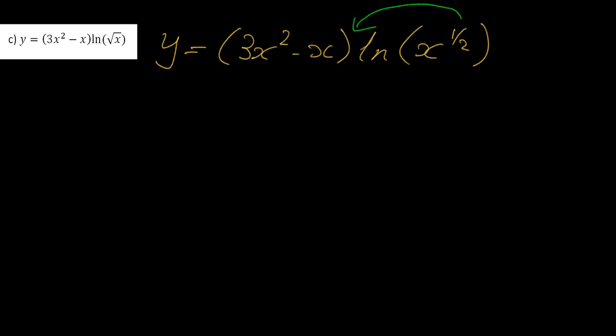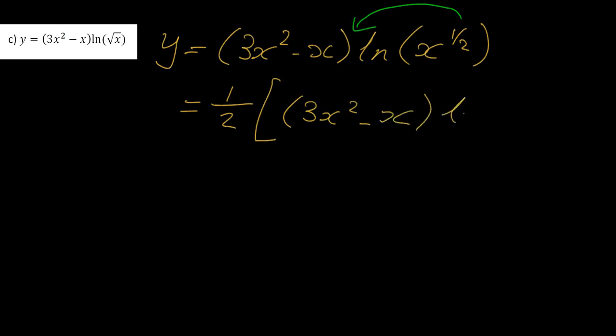It's much easier to deal with than natural log of x to the power of half. We'll put this half all the way to the front and say that we can ignore that for the majority of our differentiation process. Okay. So what we want to do here really is find the derivative of this section over here.